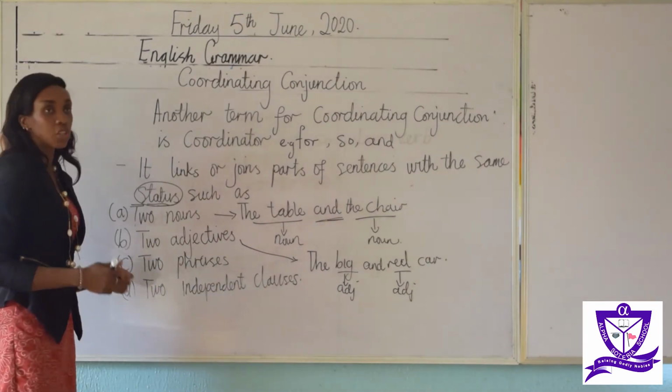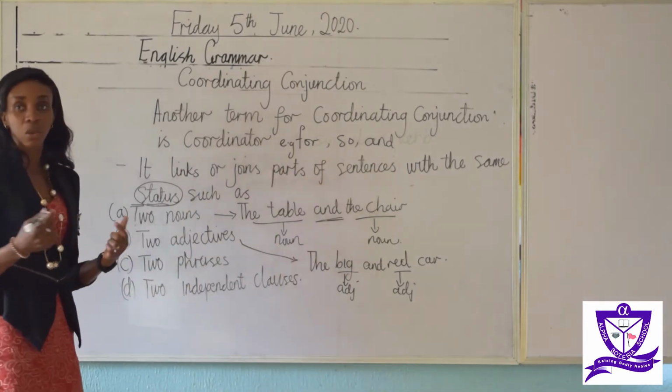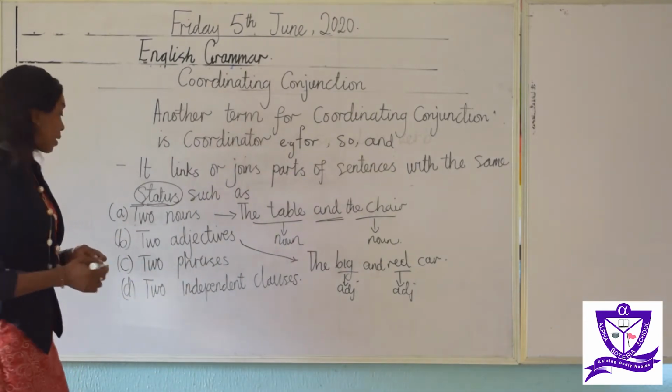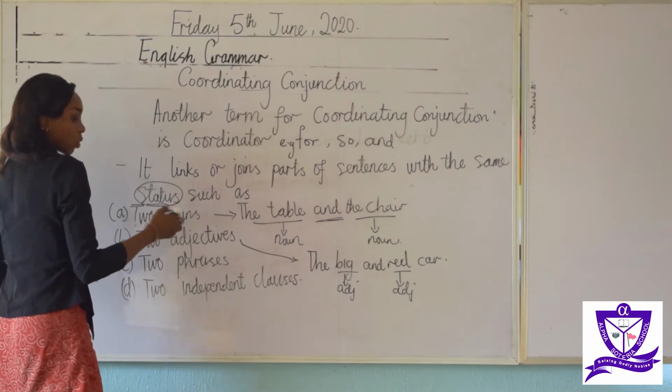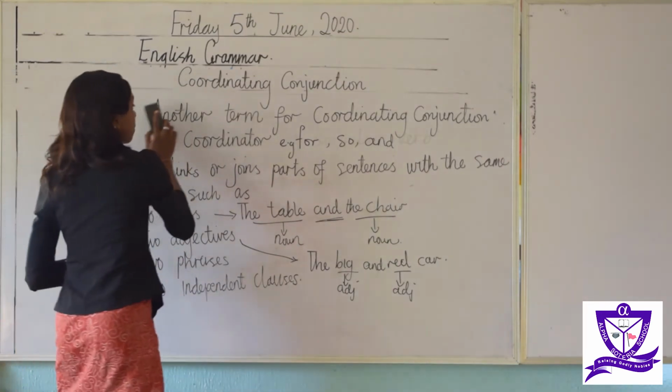Then phrases: it joins two phrases together, then two independent clauses together. How do we go about independent clauses? Let me give an example of an independent clause.